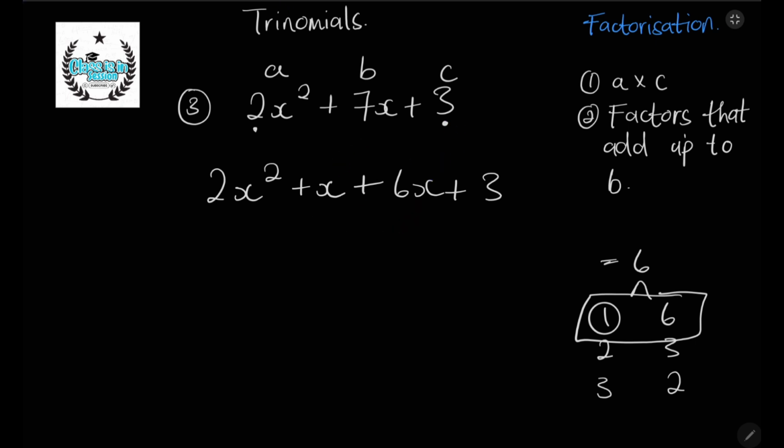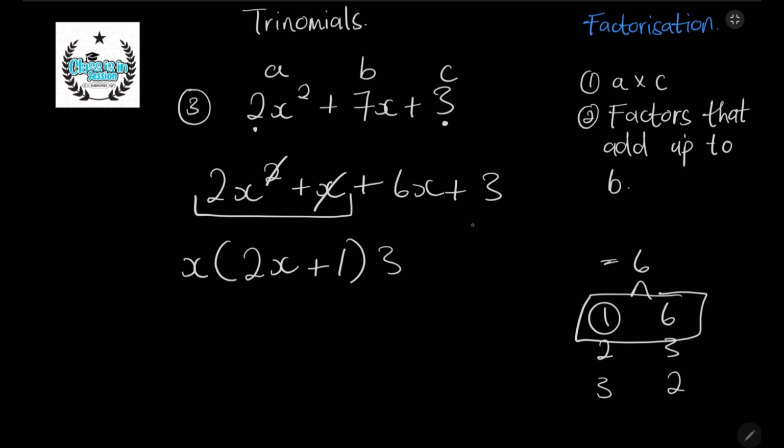This is the part where we'll try to find the highest common factor. So we start with the first two terms, right? We have 2x squared plus x. What is common here? x. Open your bracket. We have our 2x. This cancels with that, so we're left with the 1. Plus x divided by x, you just have 1. Then 6 divided by 3, what is the highest common factor? 3. We can only take out 3 here.